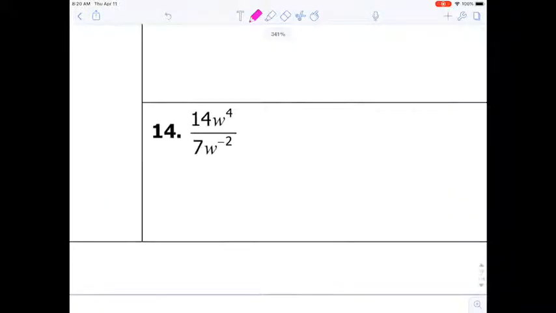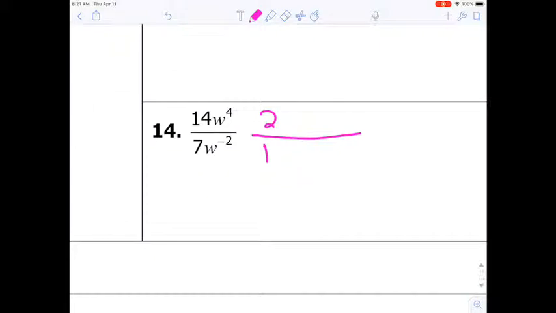So 14, I'd reduce the numbers first, so 2 over 1. And then, well, there's a couple different ways to think about this. w to the 4th stays on top, and then w to the negative 2 has to go to the top, which becomes this.